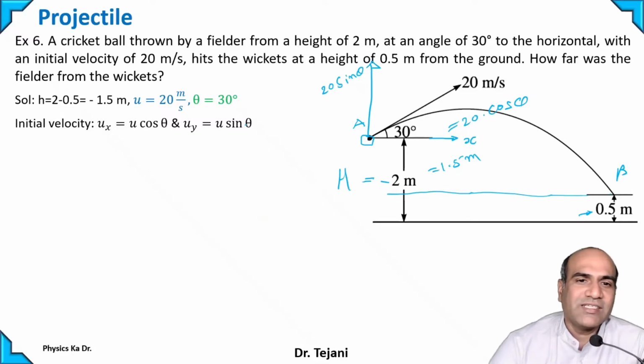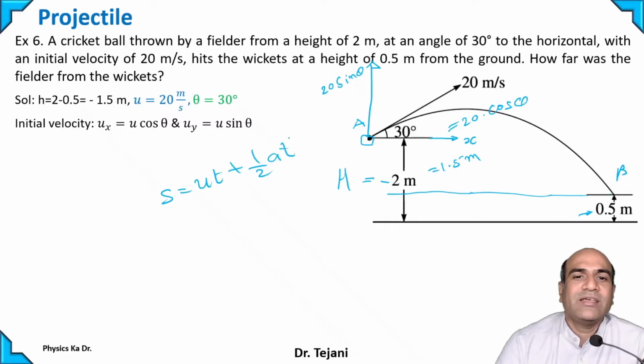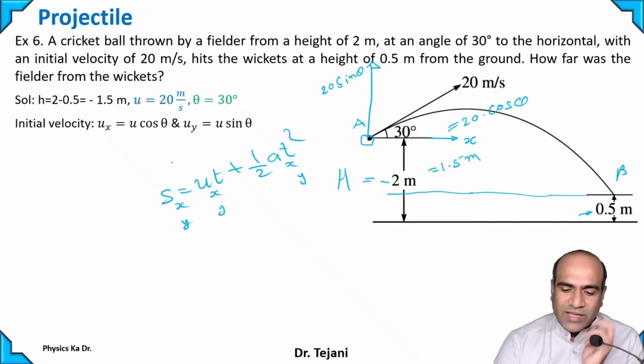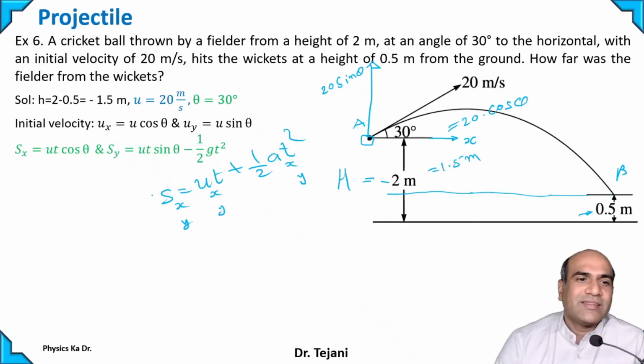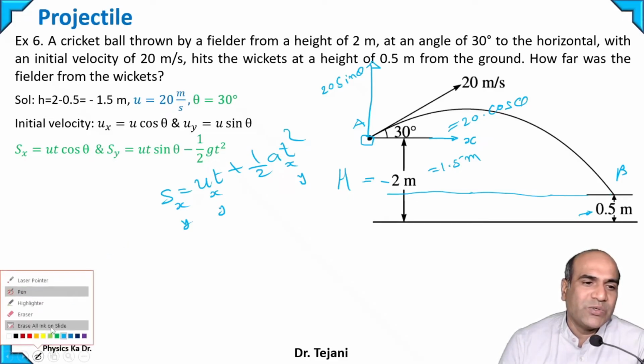And here we need a distance, so we need the equation S is equal to ut plus 1/2 at square. Take horizontal component and vertical component for this equation. Sx is equal to u cos theta t, Sy is equal to u sin theta t.